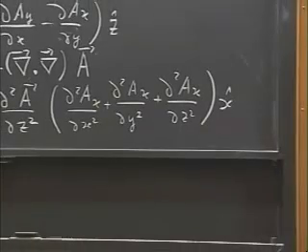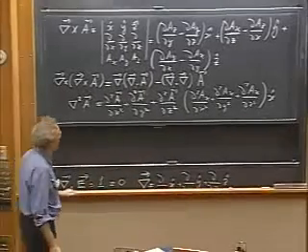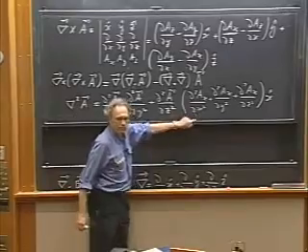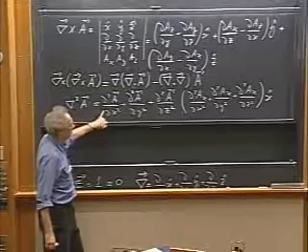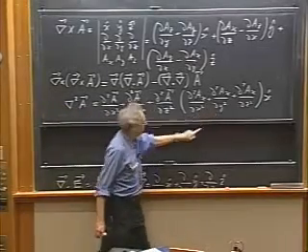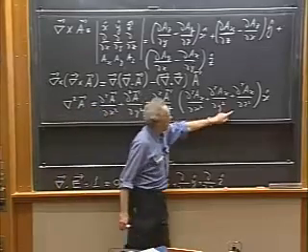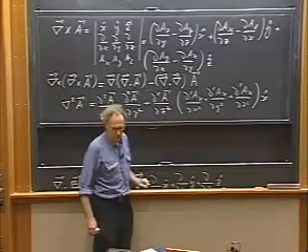And there's also one in the y direction, and there's one in the z direction. This first term comes from this one. The second term comes from this one, and the third term comes from this one.